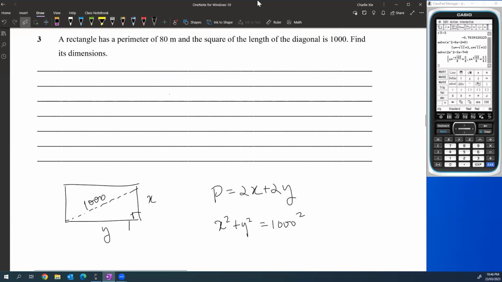Now, what are we looking for? Find its dimensions. So we need to find what x and y are. The perimeter is 80, so 80 equals 2x plus 2y, and of course, this can be simplified as 40 equals x plus y.